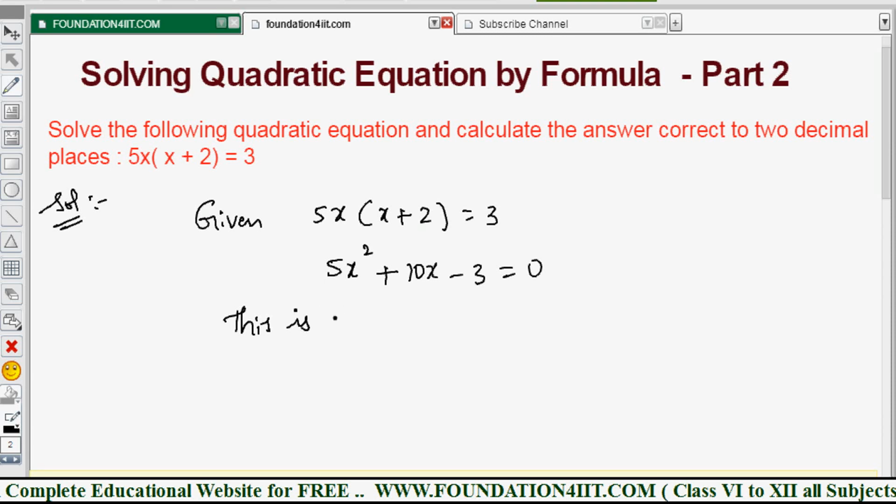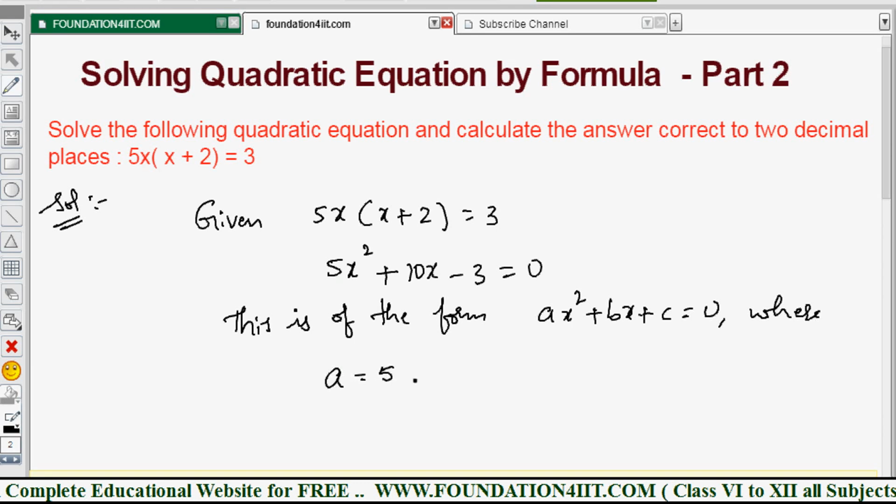This is of the form ax square plus bx plus c is equal to 0. Then we can write the a, b, c values. Here a is the x square coefficient, that is 5, and b is the x coefficient, which is 10, and c is the constant, minus 3.